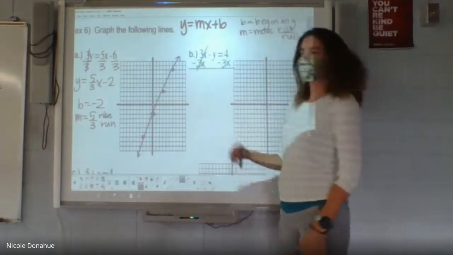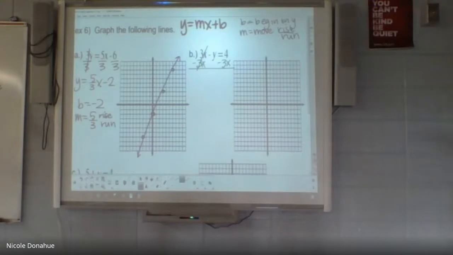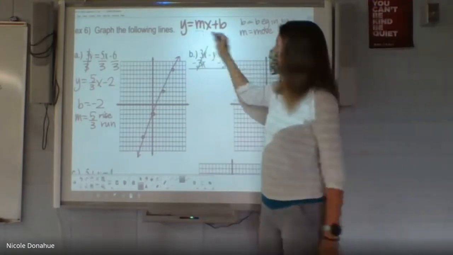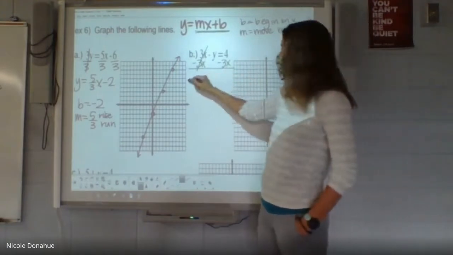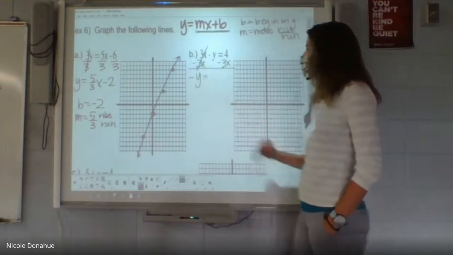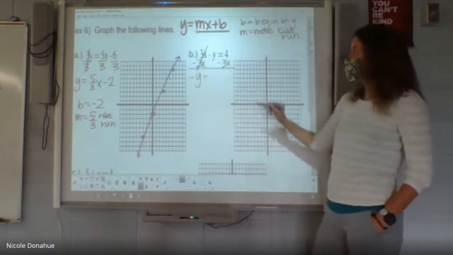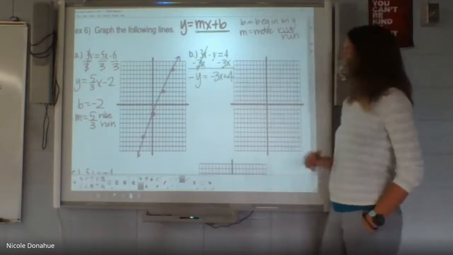Now, when I write this, to make myself less confused, I'm going to put the 3x first because I want it to look like this. I'm going to put the -3x before the 4. Notice there's still a negative in front of the y. We'll deal with that in a second. The negative y equals -3x plus 4.